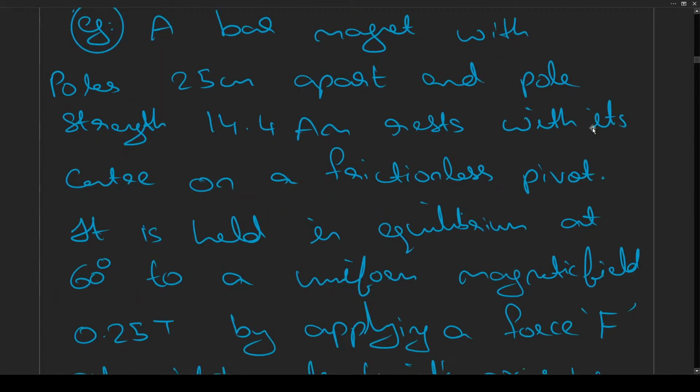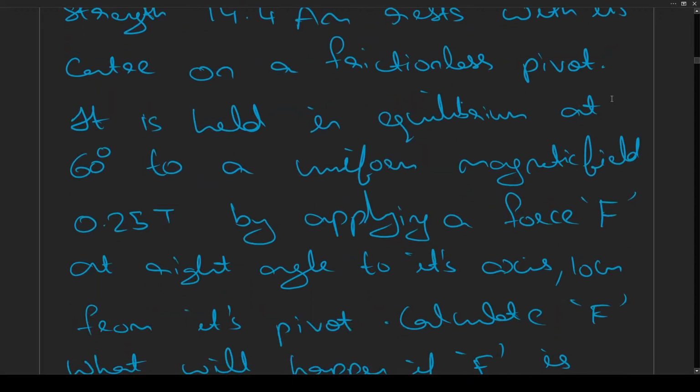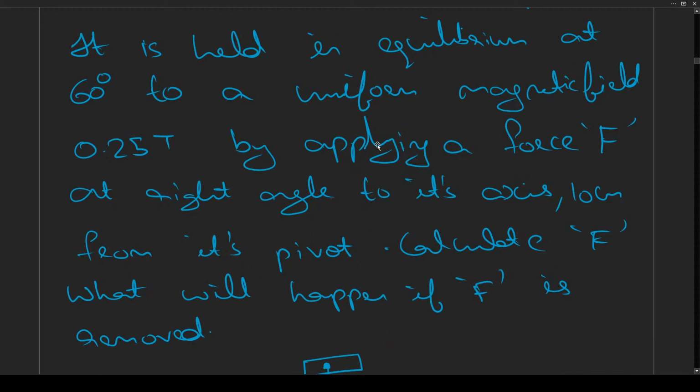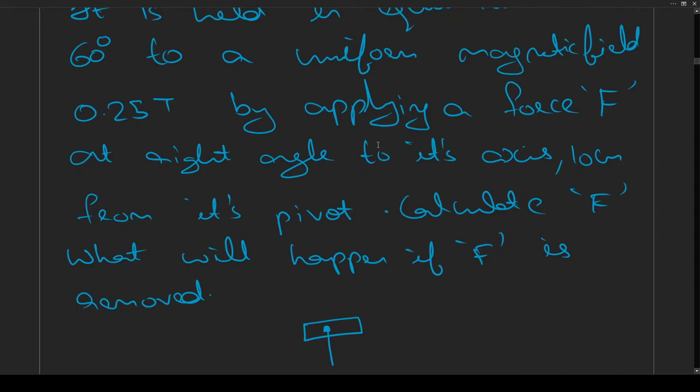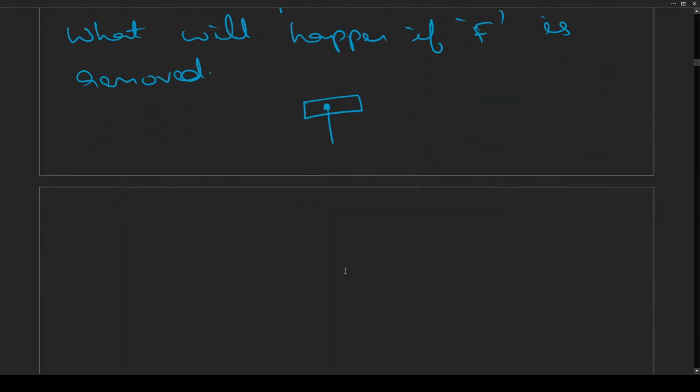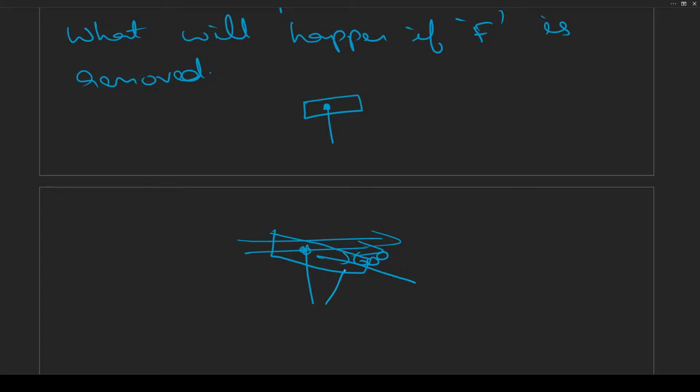It is held in equilibrium at 60 degrees to the uniform magnetic field of 0.25 Tesla by applying a force at right angle to its axis. If we assume this is the magnetic field, the angle between them is 60 degrees and there is a force acting like this.